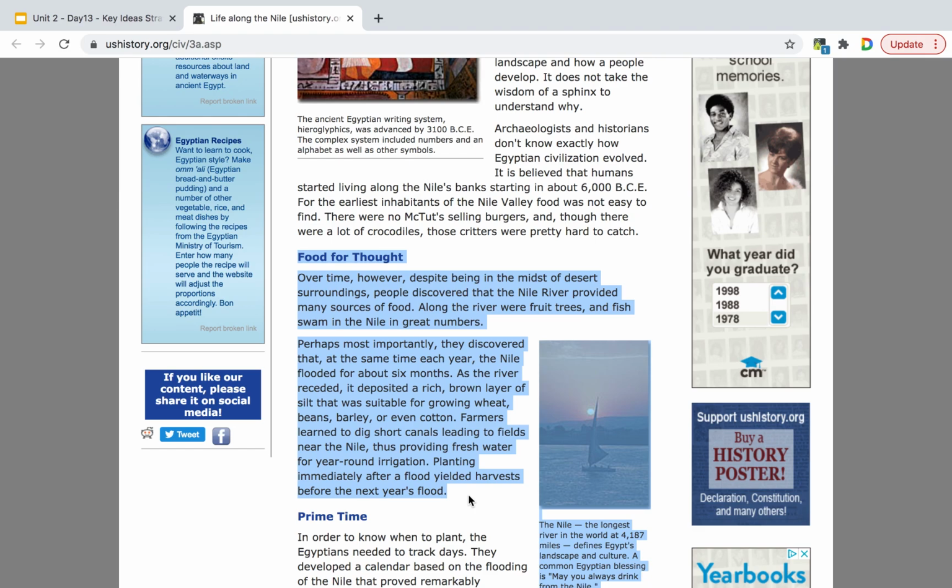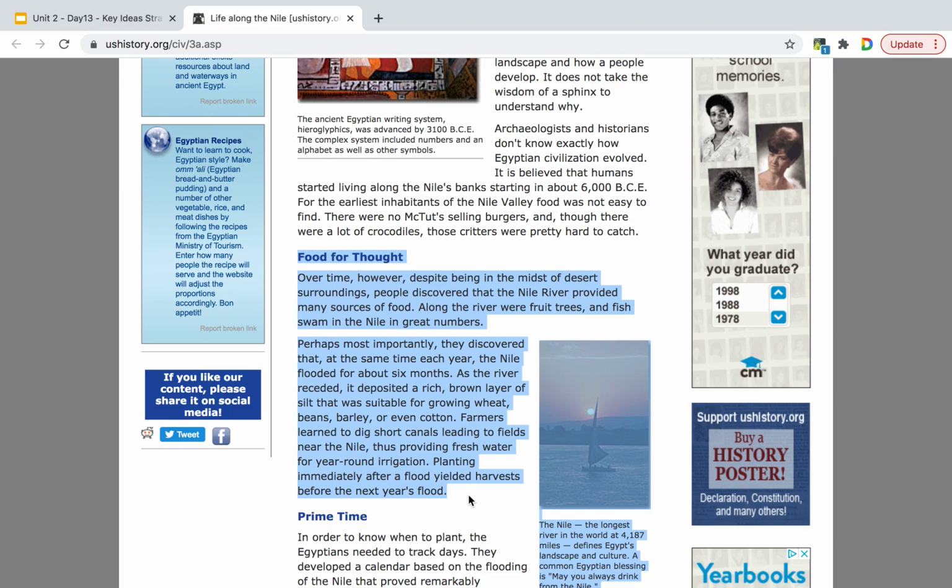As the river receded, it deposited a rich brown layer of silt that was suitable for growing wheat, beans, barley, or even cotton. Farmers learned to dig short canals leading to fields near the Nile, thus providing fresh water for year-round irrigation. Planting immediately after a flood yielded harvests before the next year's flood.